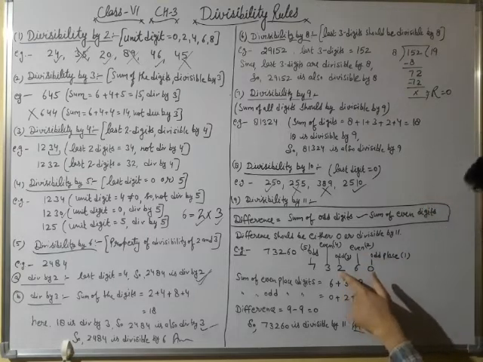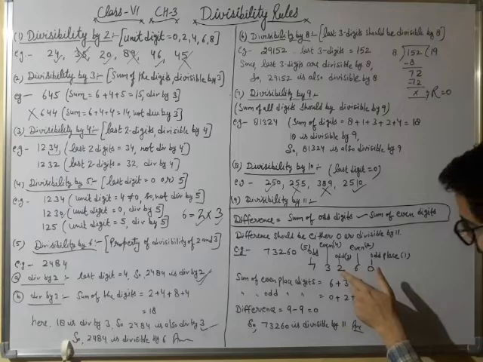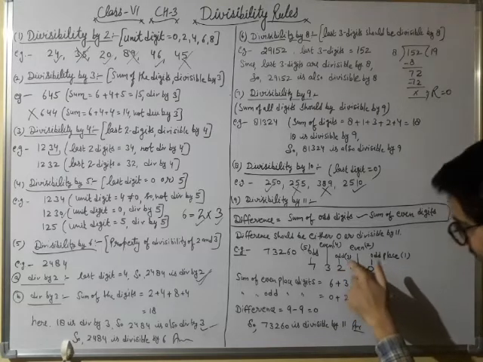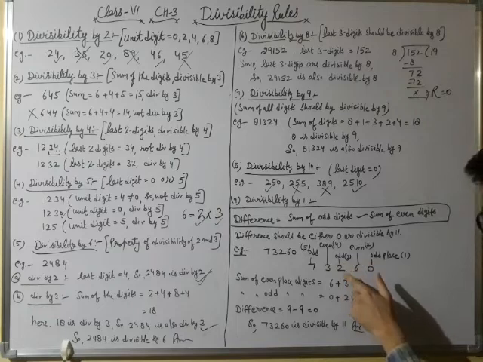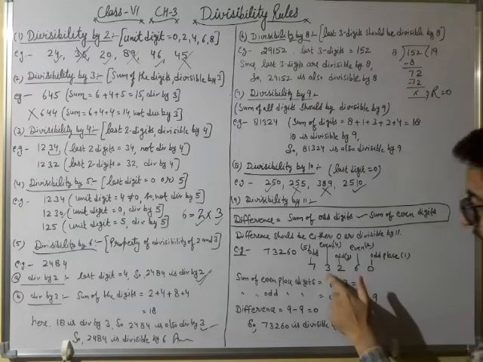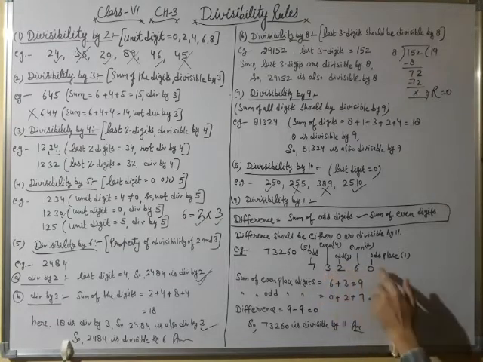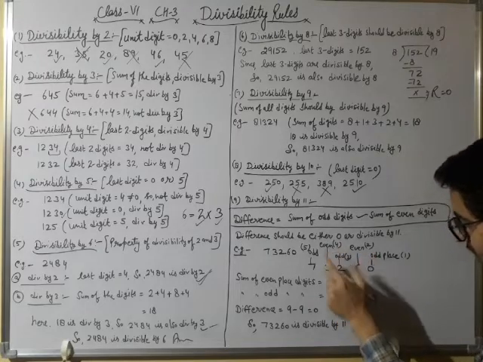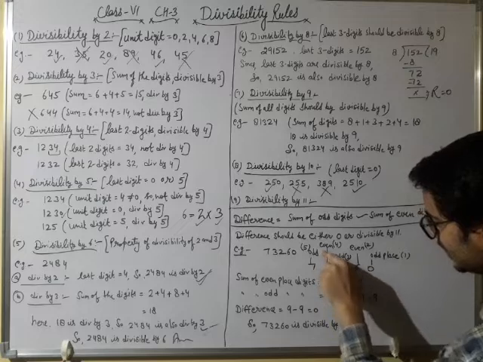Next digit is 2. 1, 2, 3. 2 is written at the third place, and 3 is an odd number. So 2 is an odd place digit. 3 is written at the fourth place, 1, 2, 3, 4, and 4 is an even number, therefore 3 is an even place digit.